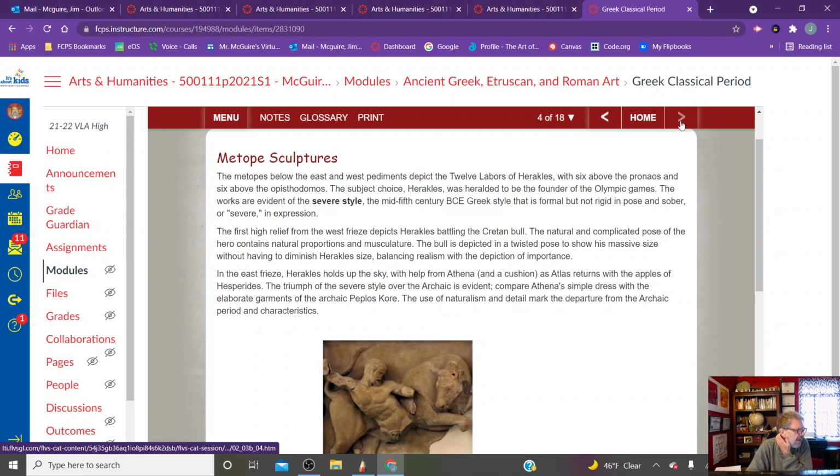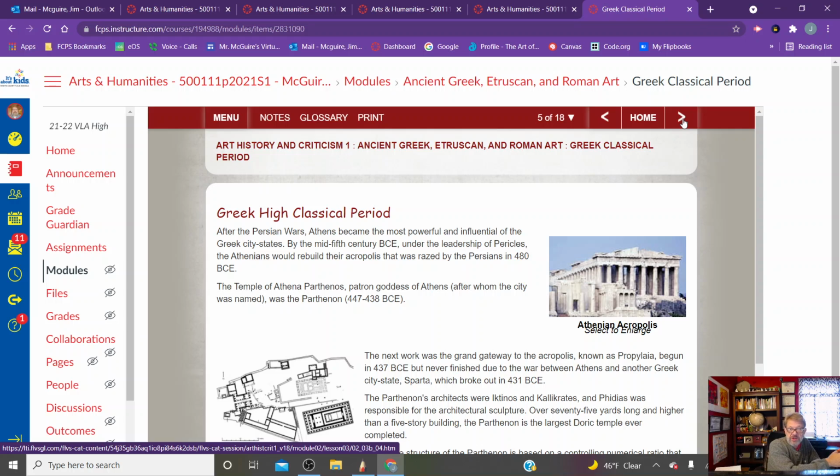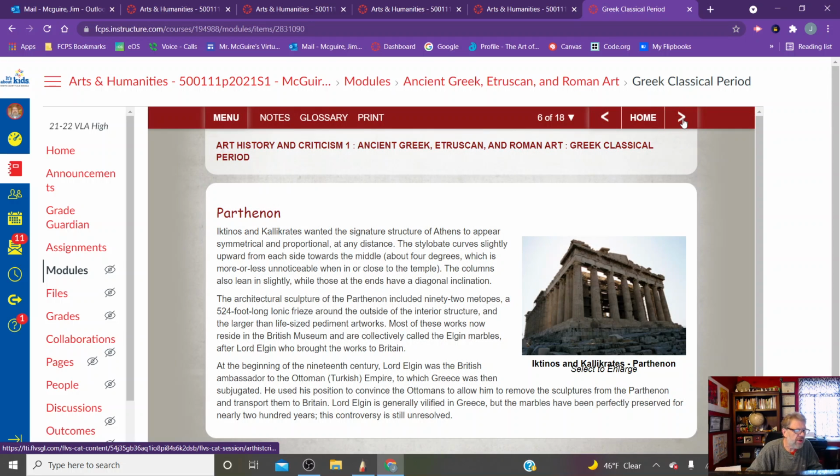We want to look at how the representation of man changed from those very rigid and stylized Egyptian works of art through these very naturalistic, flowing Hellenistic pieces. You had better know these things.